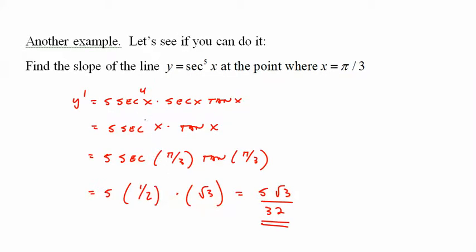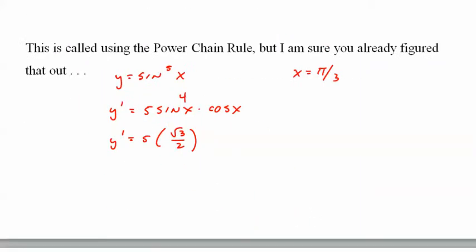I just didn't carry it through right. So this should be to 16 times cosine of pi over 3, which is 1/2. So I end up with 3 times 3 is 9, times 5 is 45 over 32.